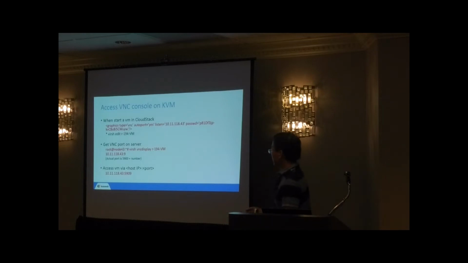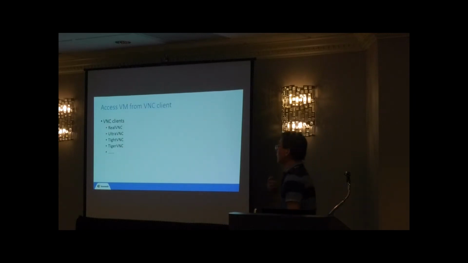Now, if we run vncdisplay, we get this result: the IP of the hypervisor and a number. The actual VNC port of the VM is 5900 plus the number. In this case, it is 5909.